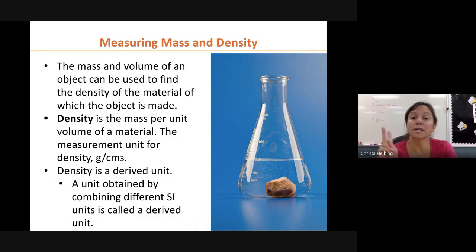And because we're taking two measurements, it's actually called a derived unit. So when I combine two or more measurements, I get a derived unit. So this is taking the mass and the volume, and I'm coming up with a new derived measurement. This in itself, if I measure the volume, centimeter by centimeter by centimeter, is technically a derived unit, although we often don't think of it as one.